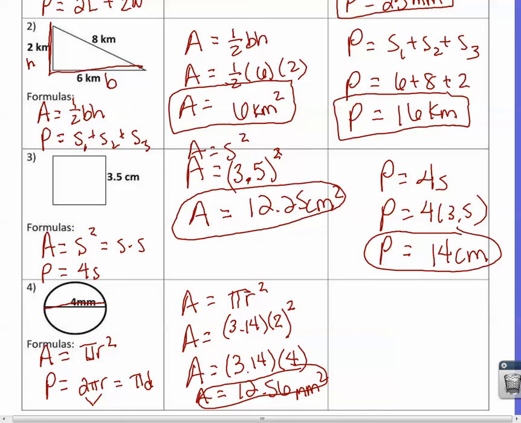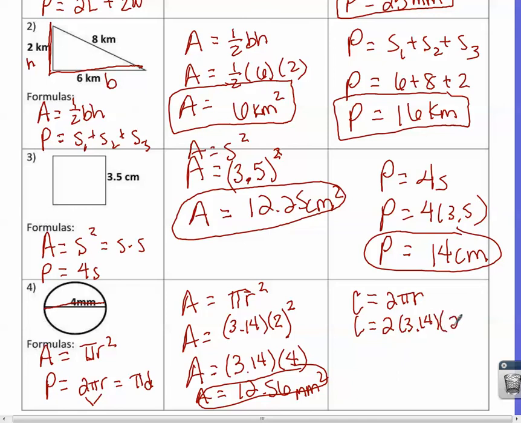Now looking at the circumference of the circle. Circumference is basically the perimeter, because you're trying to figure out how long your circle is. So if you use the formula 2 pi r, write down your formula. Remember, pi is going to be 3.14.